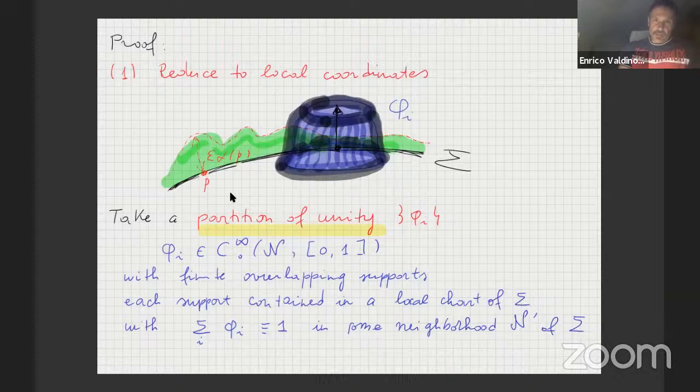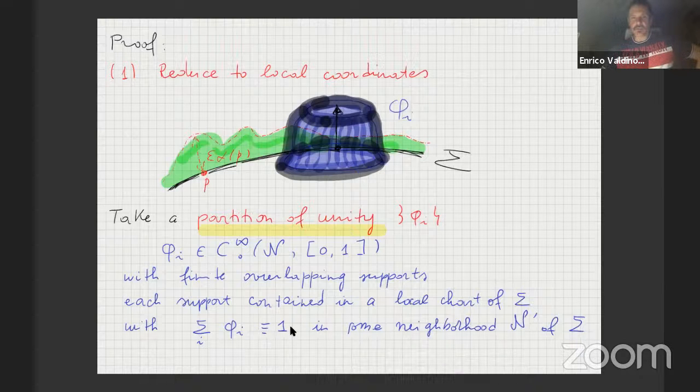The first trick is that we can reduce to local coordinates. So we take a partition of unity made by some nice functions phi_i. Each of these phi_i is smooth and between 0 and 1, and it's compactly supported within a local chart of the surface sigma, of the manifold sigma. And they have finite overlapping support, and they sum up to 1.